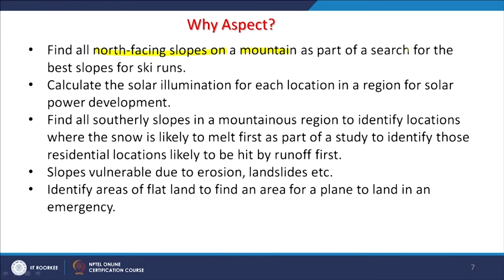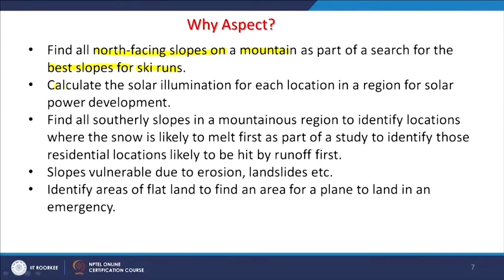So, if somebody is looking for a ski run or sports related to snow or ice, then north facing slopes are very good because they will not receive much sunshine except at noon time. Contrary to this, south facing slopes will receive more sunshine.